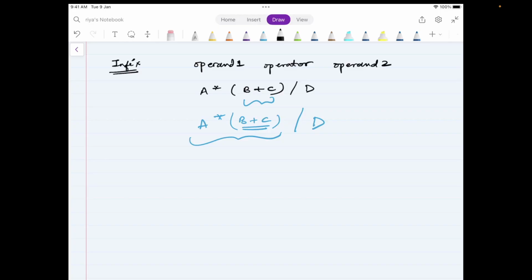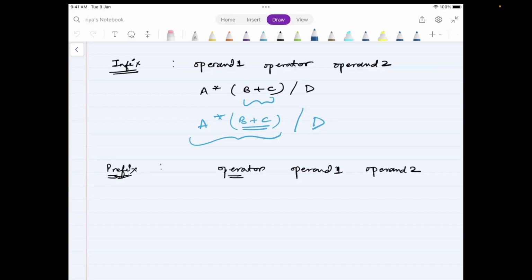Similar to that, whenever we talk about prefix, the difference is pre. So you have the operator first, then operand 1, and then operand 2.